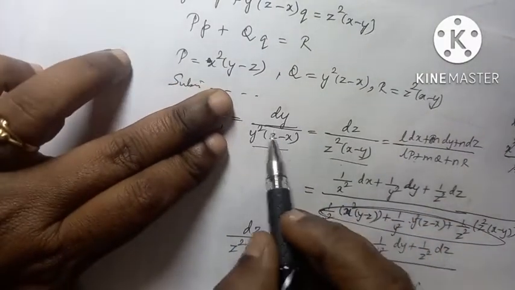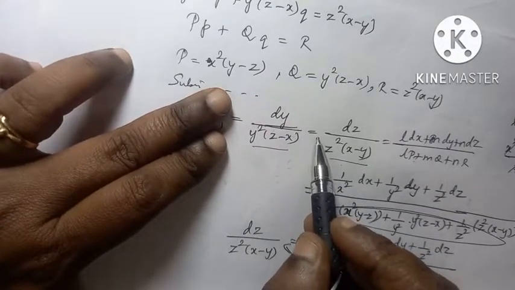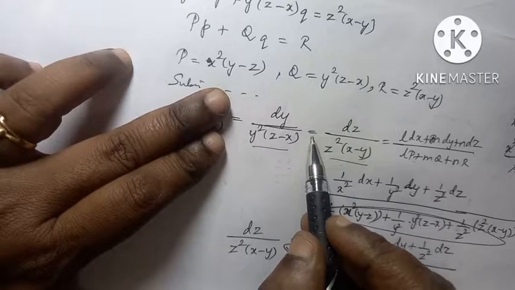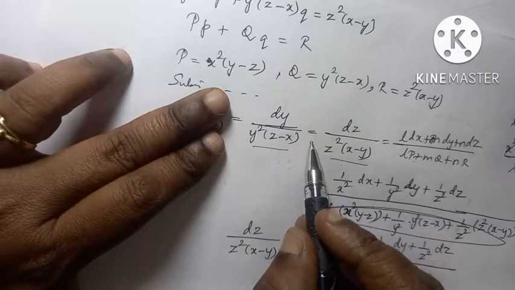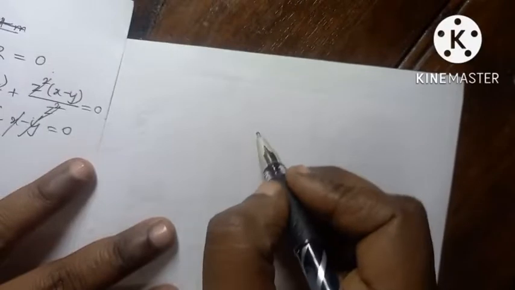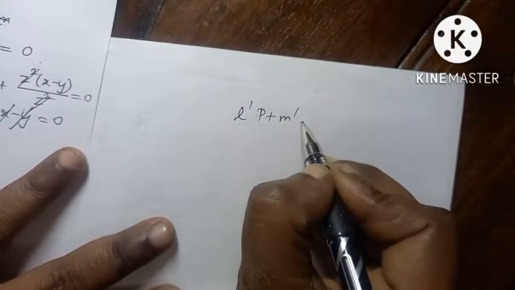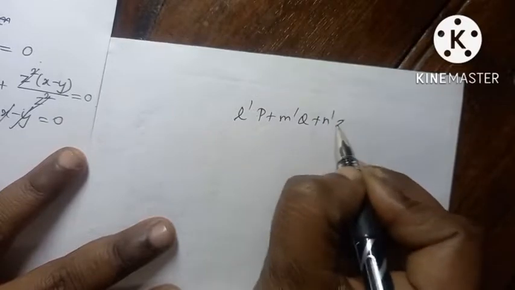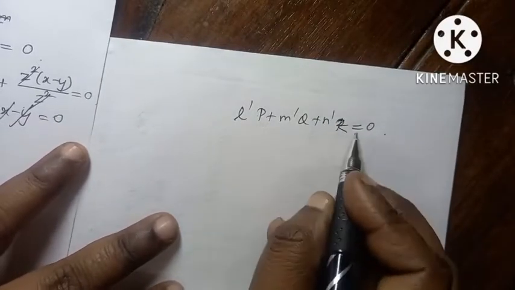If you take the second and third ratio, the grouping method will not give you an answer here. You have to go again for the multipliers method, and you have to think what multipliers will make the denominator sum or subtraction, we do not know. Let us check. Okay, let us do another rough work. What is our next set of multipliers? l dash, m dash, n dash. l'P plus m'Q plus n'R.